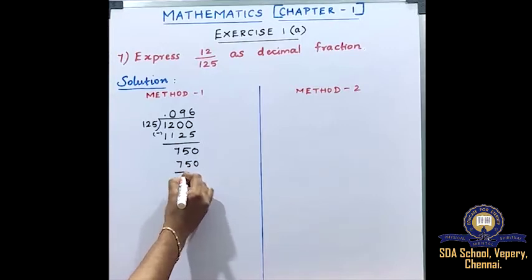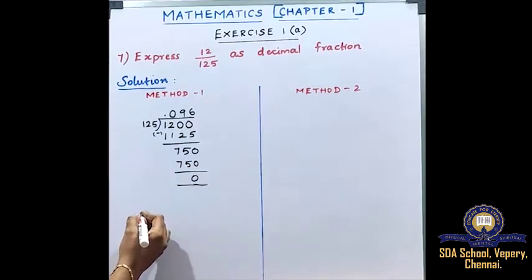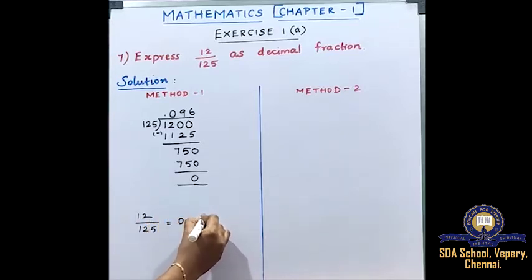If you subtract these two terms, your answer will be 0. So we found the answer to be 0.096. So this is one way of doing it.